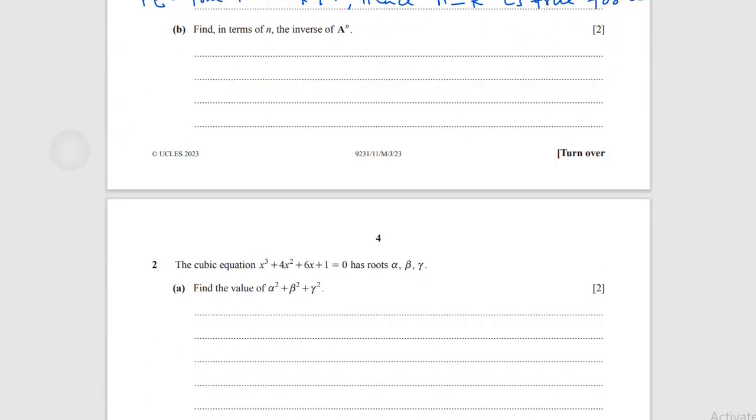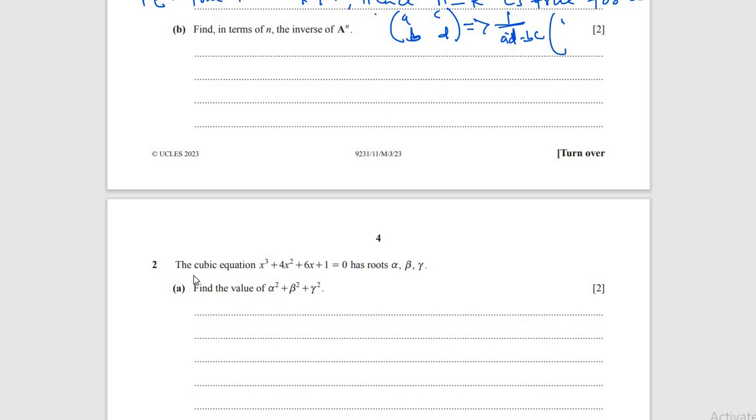Now the next question: find in terms of n the inverse of A raised to the power n. The inverse, for a 2 by 2 matrix like this, A, B, C, D, the inverse is 1 over the determinant, which is AD minus BC, multiplied by this one swapped.